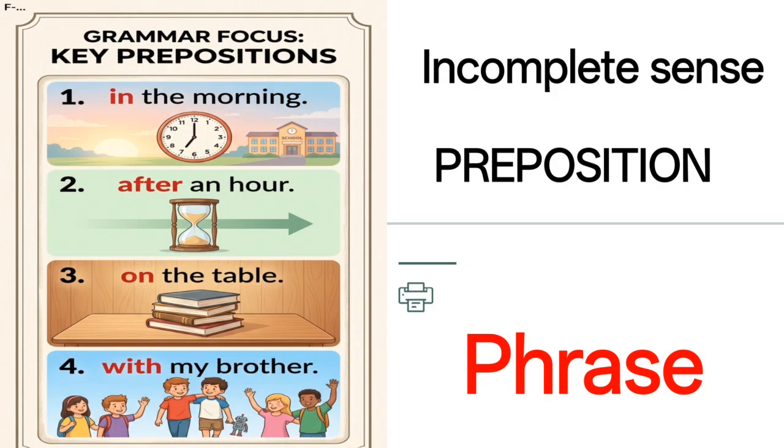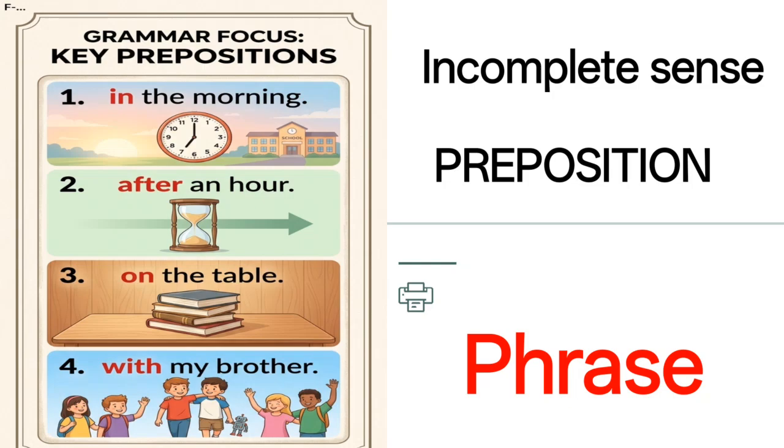Now look at the following groups of words. In the morning, after an hour, on the table, with my brother. What are these? These groups of words make some sense, but their sense is not complete. That means these are incomplete. Okay?